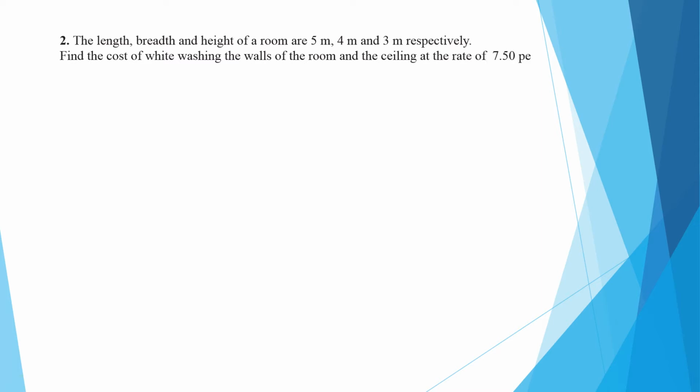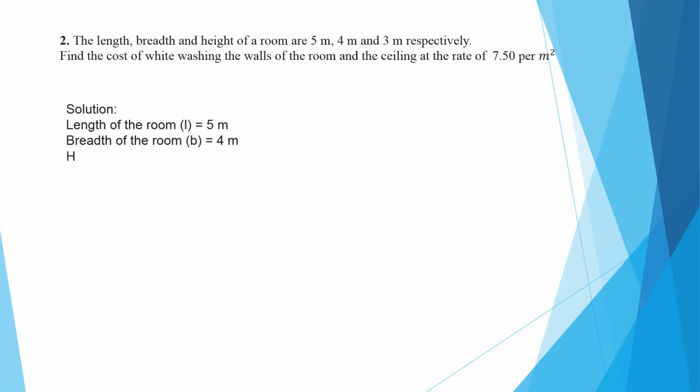Here we will include the ceiling at the rate of rupees 7.5 per meter square. So let's begin the solution. Write down length, breadth and height. Length is 5, breadth is 4 and height is 3 meter. These are given in the question.